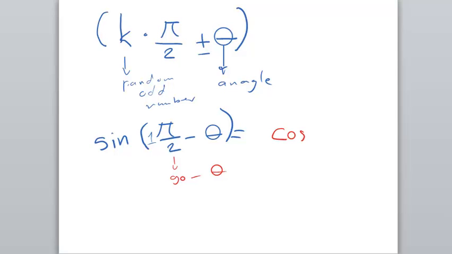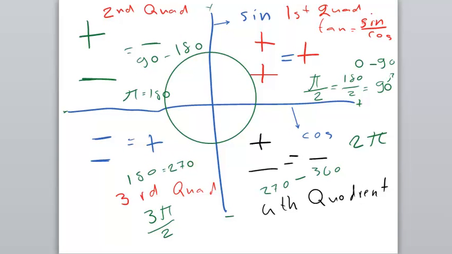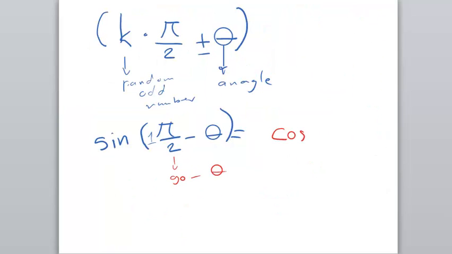If we go back to our unit circle, this would end up in the first quadrant, and in the first quadrant sine is positive. So we don't look at the sign of cosine, but we look at the sign of sine.